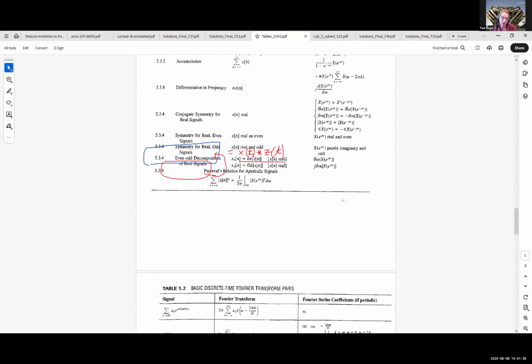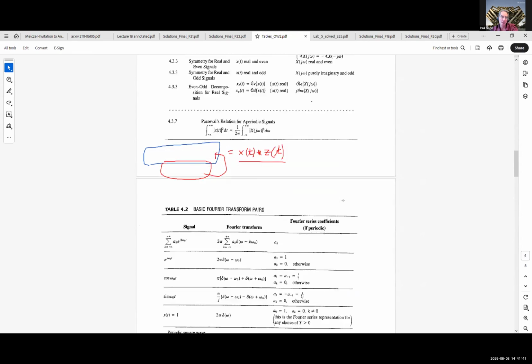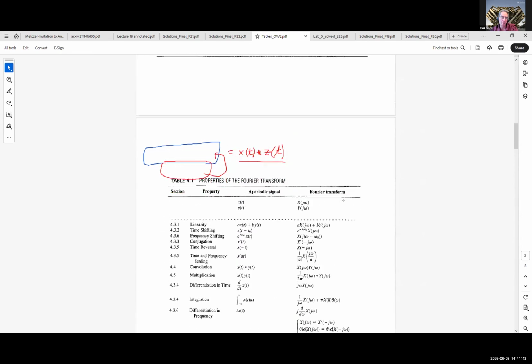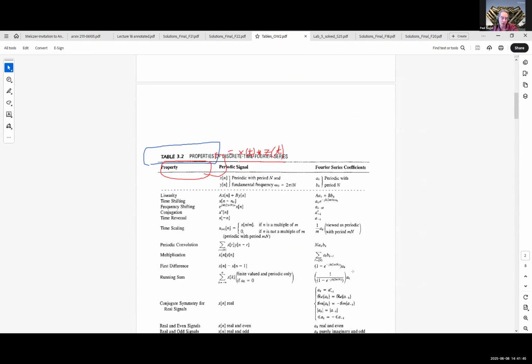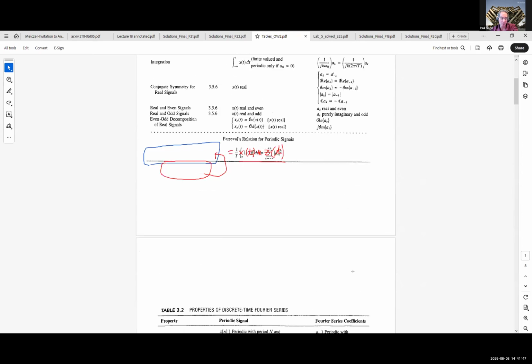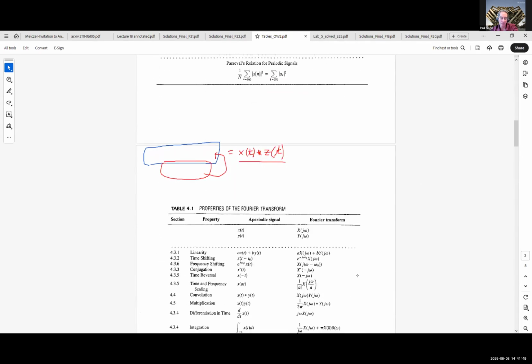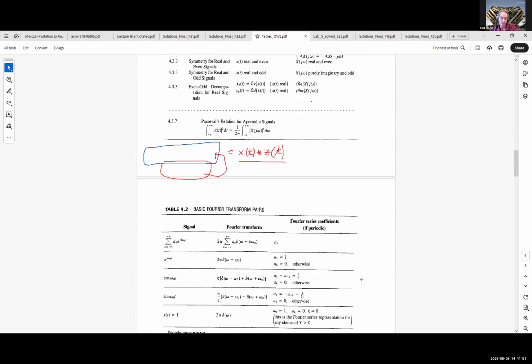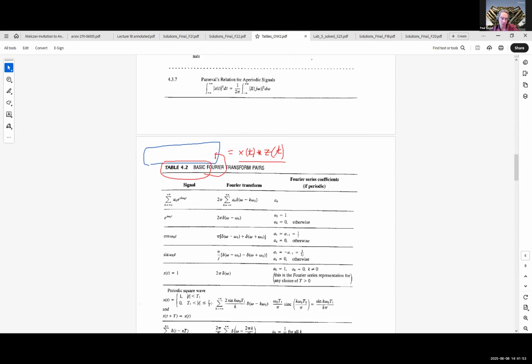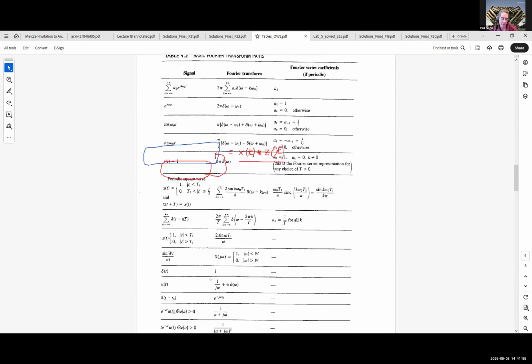I'm just pulling right off of the continuous time Fourier transform pairs, the basic Fourier transform pairs. I'm just pulling off this one right here. That's the sinc function in the time domain. This is all I'm using.